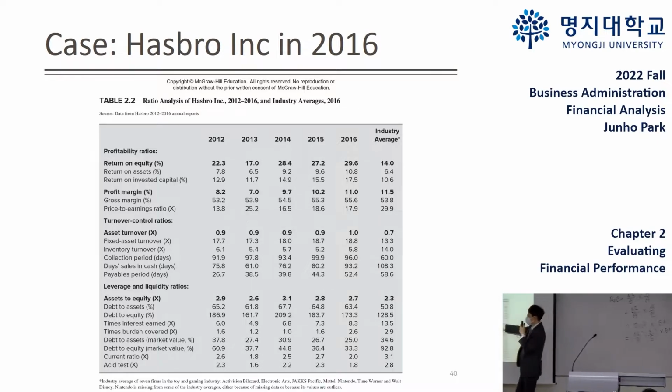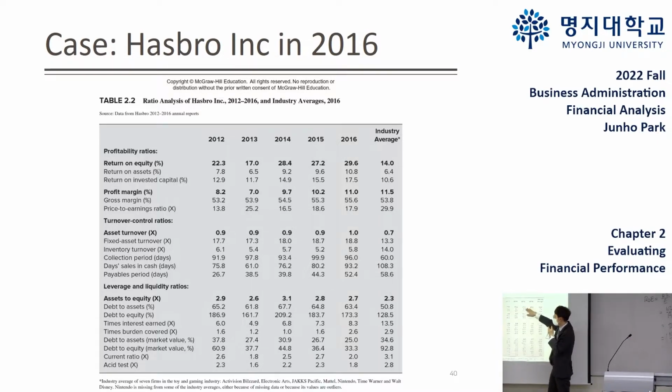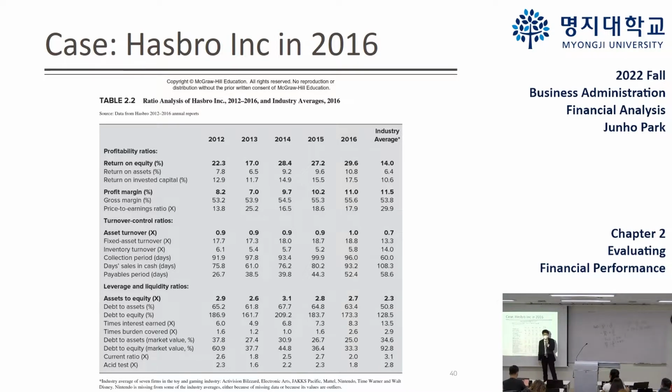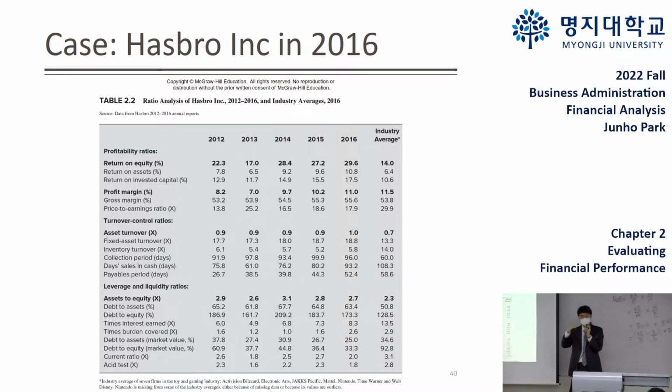So if you look at the ROE, in early 2012, the ROE was 22, and in 2013 it was only 17%. However, in 2016, it has become 29.6, which is almost 30%. So there is an increasing trend in ROE. So we can say that Hasbro's performance has improved.